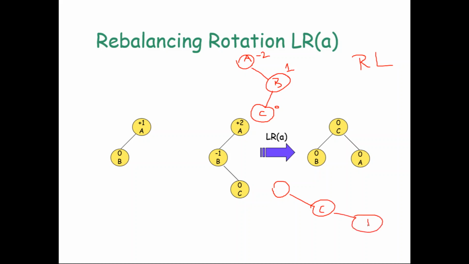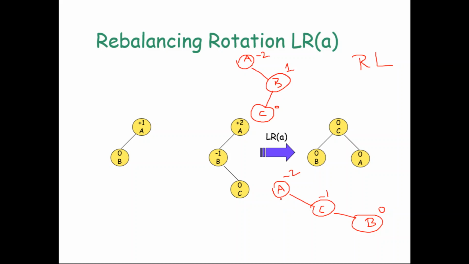Again now if you see, the balance factor of B is 0, the balance factor of C is 0 minus 1, which is -1, the balance factor of A is -2. Now once again you perform a left rotation.